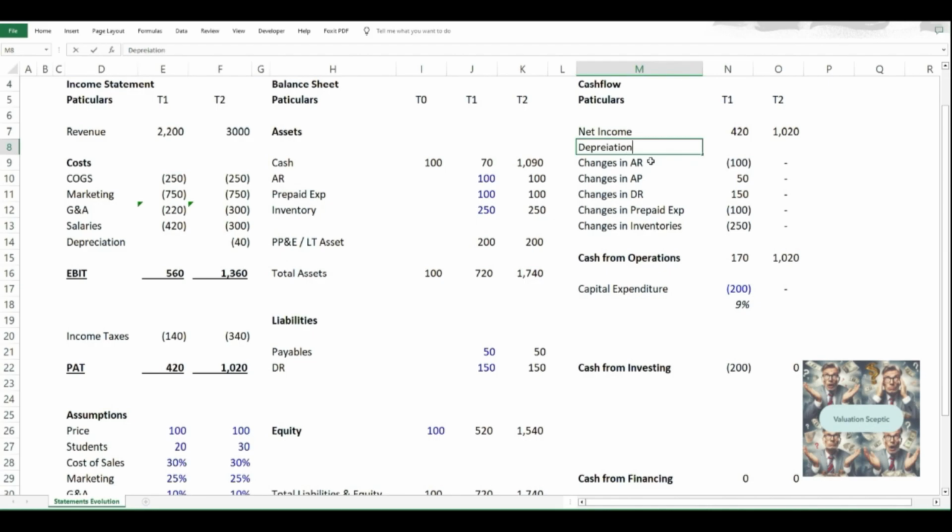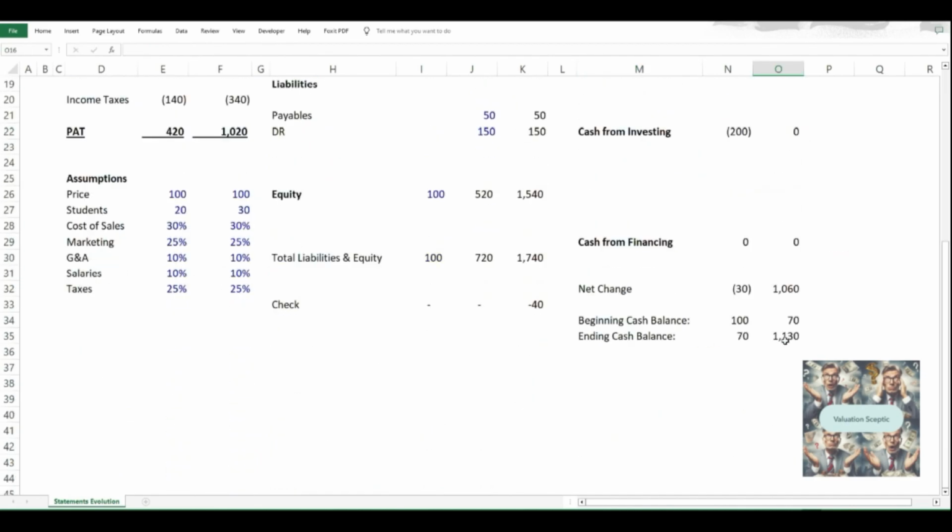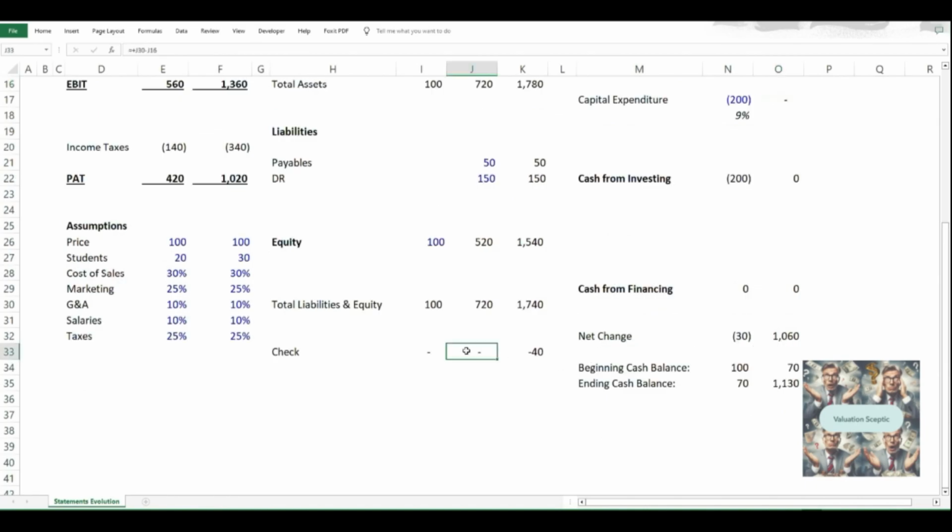Our net income is linked over here, we'll be adding back depreciation. Make sure to change the sign to adjust the formula as well.